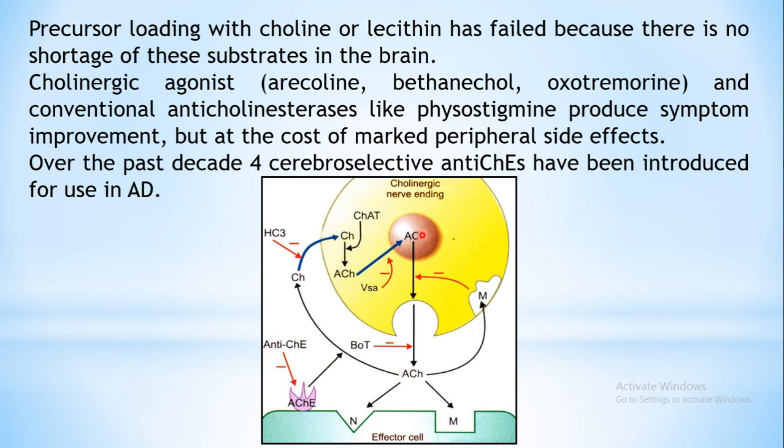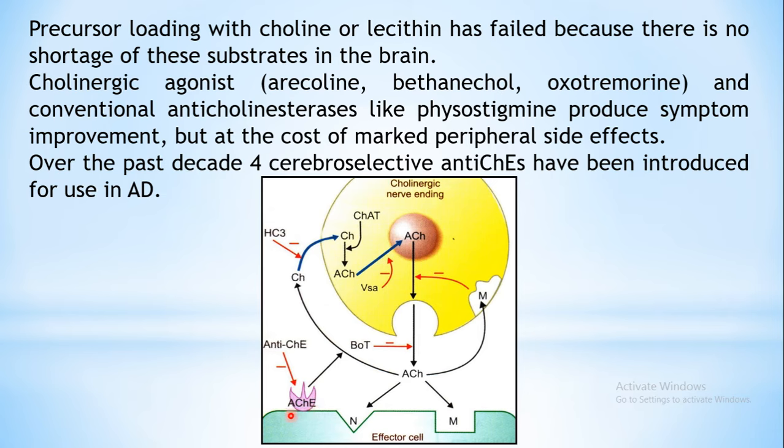Now normally when ACH is released in the cleft, it will act on its receptor and further transmit the signal. After some time, this ACH which is released in the cleft will get metabolized. Acetylcholine, ACH, gets metabolized with the help of acetylcholinesterase, AChE. Now these cholinesterases are of two types.